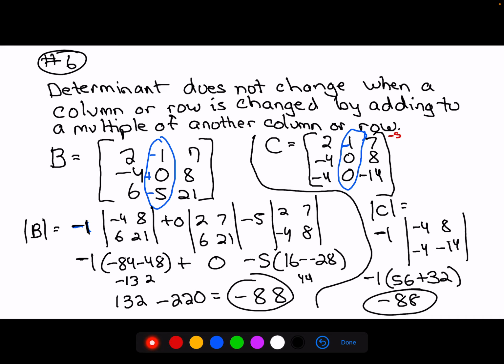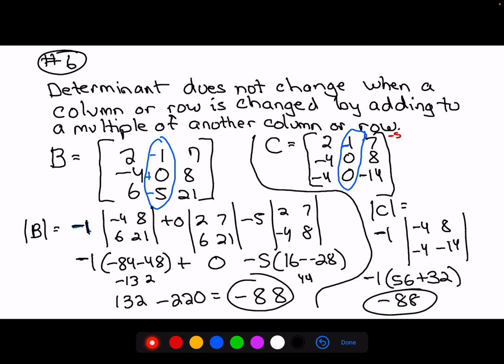That's what this whole theorem, number 6, was saying. I took a multiple of row 1, so I multiplied it by negative 5, and then I added that to row 3 and made that new matrix. When I found the determinant of that new matrix, it ended up being the same as the determinant of the old matrix.